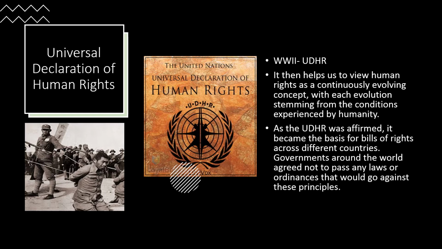And that is why we keep expanding our definition of rights. It's evolving, it's changing, with each evolution stemming from the conditions experienced by humanity. We respond to whatever is happening. And as the UDHR was affirmed, it became the basis for bills of rights across different countries. Governments around the world agreed not to pass any laws or ordinances that would go against these principles.